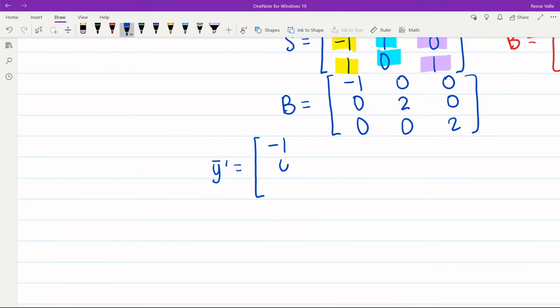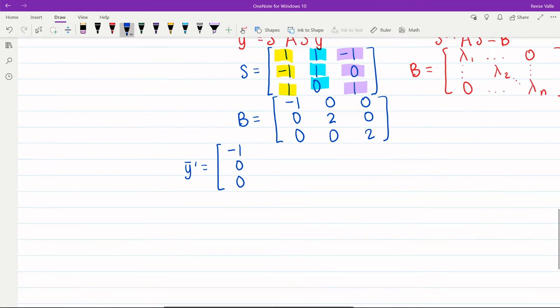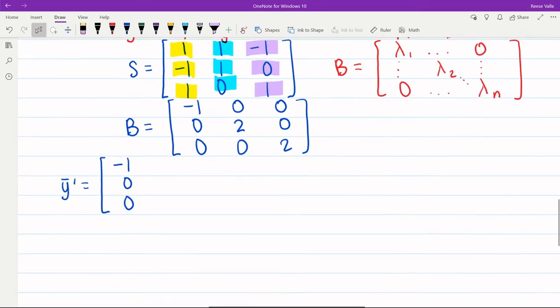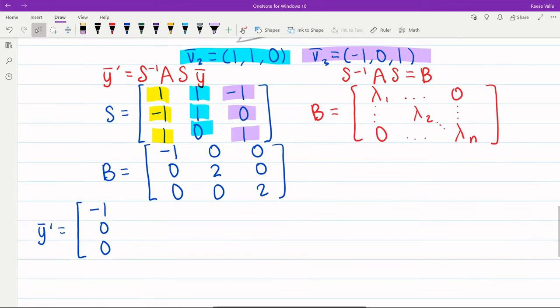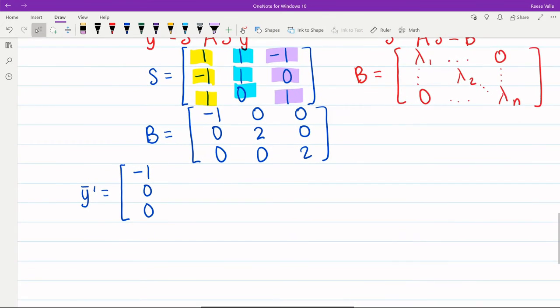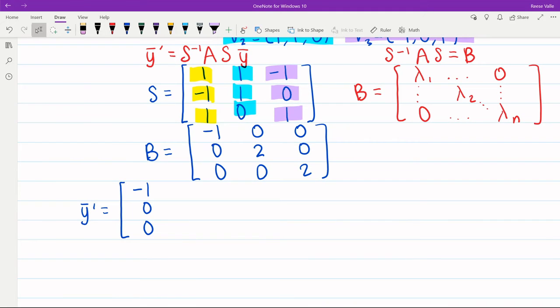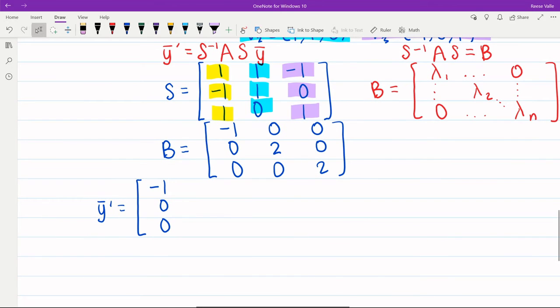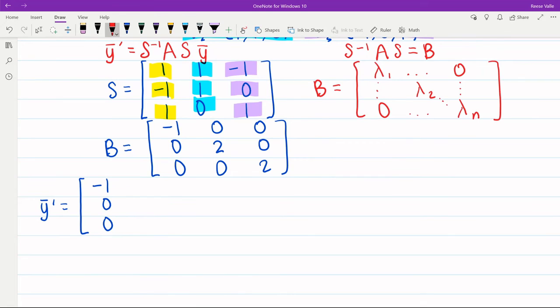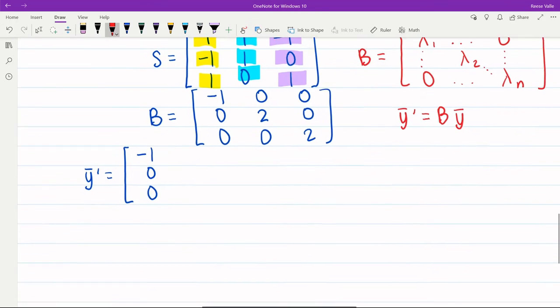So it's going to be -1, 0, 0. Oops, I forgot to explain it. We're going to write this as B times the y vector.